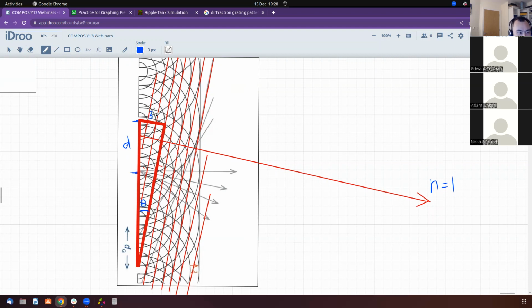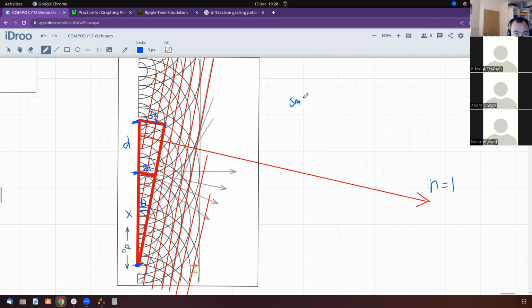This is 3 lambda, because the distance is 3 wavelengths, 1, 2, 3 wavelengths. This distance is d, and this distance, well, let it be x. We don't know x. And here, this is 2 lambda.